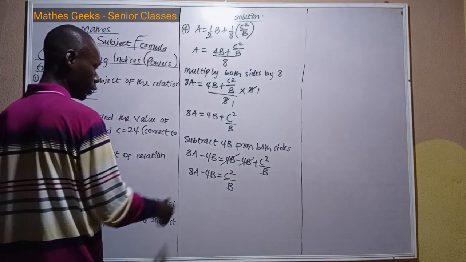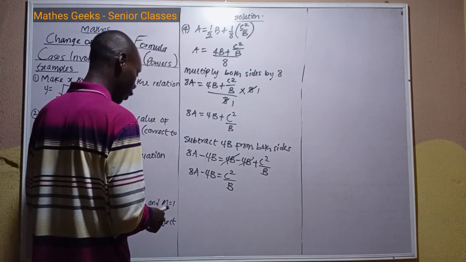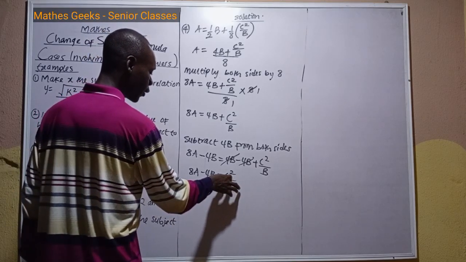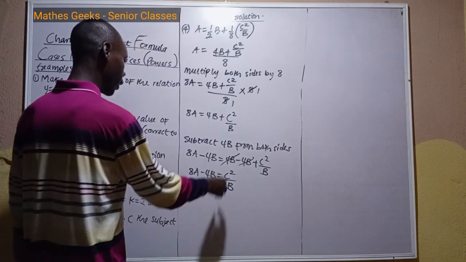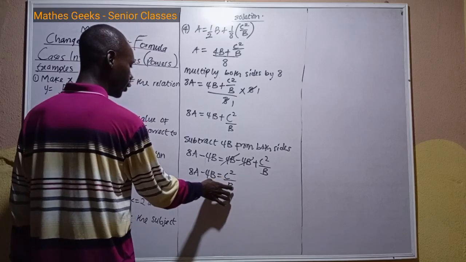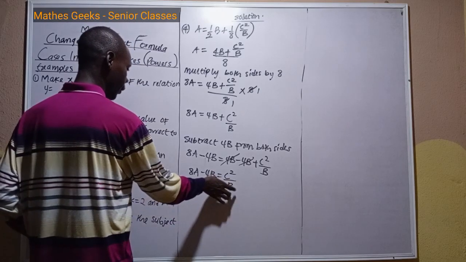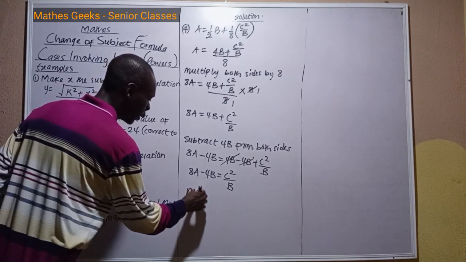The next thing is, since I'm trying to make C the subject of the formula and B is still here, we need to eliminate B. C squared is connected to B by division, and to undo division we need to multiply both sides by B so that B can be eliminated from here.